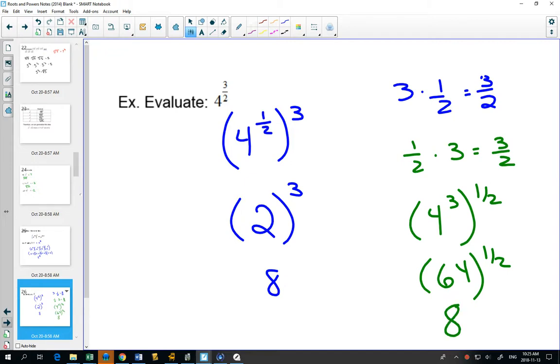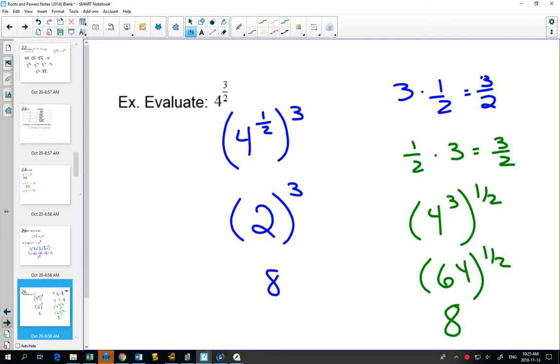But we get the same answer. You just have to decide, if I have a choice, what would I rather do? Would I rather cube something and then square root it? Or square root it and then cube it? I like what happened in blue because the numbers end up being smaller.